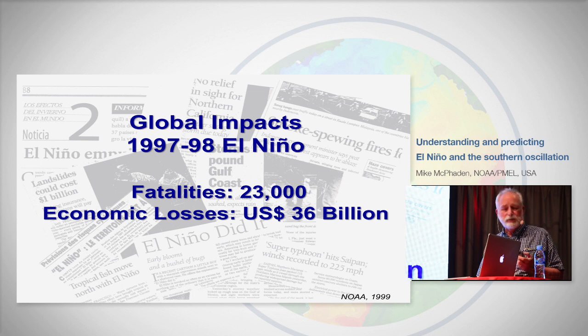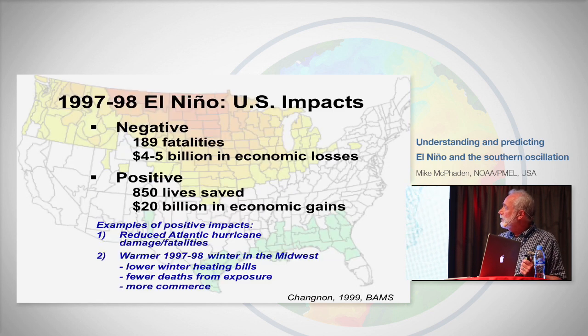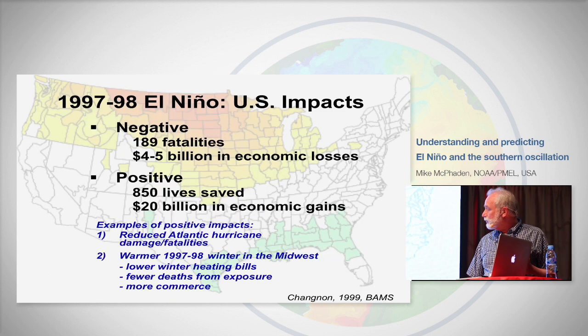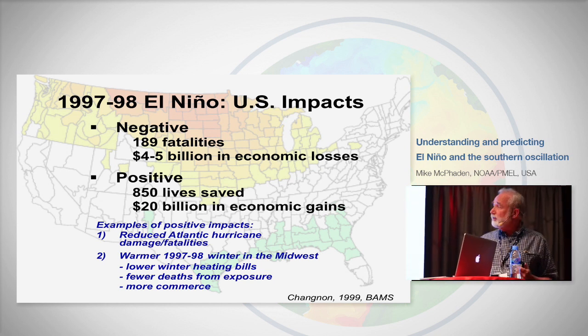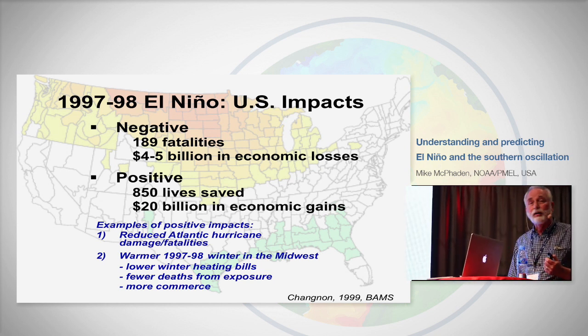So very significant impacts. Now, everyone thinks that El Nino is bad news, but actually that's not the case. And I'll show you for the US, this was one tally of the impacts on the US. The US, according to this author, actually benefited from the 97-98 El Nino.